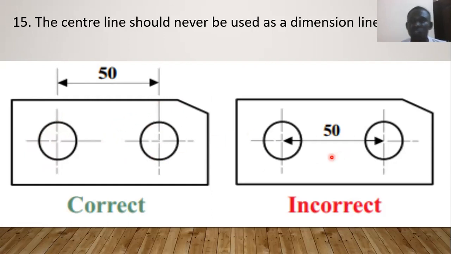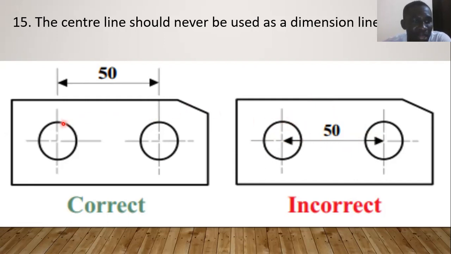Now this rule is telling us to not draw our dimension line using the centers. Of course, the dimension line is describing how far the centers are from each other, but we do not put our dimension lines on the centers.